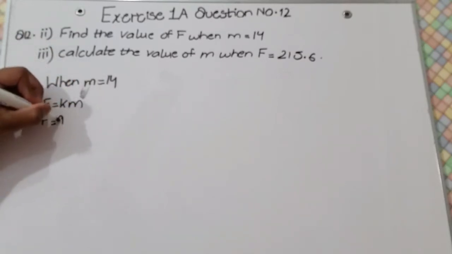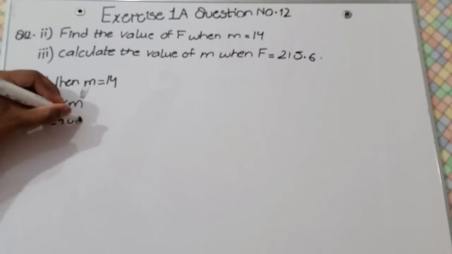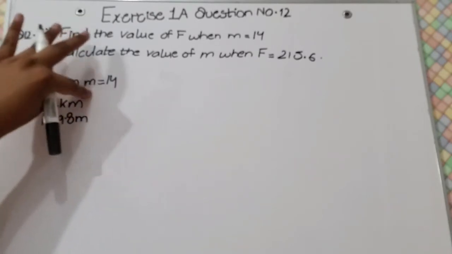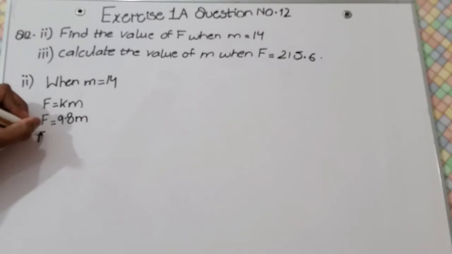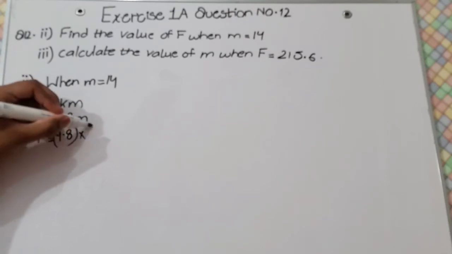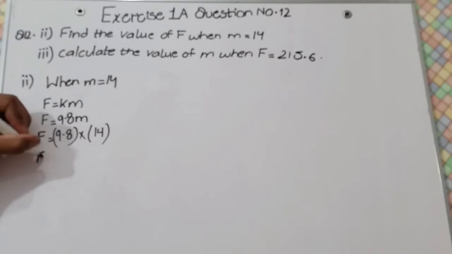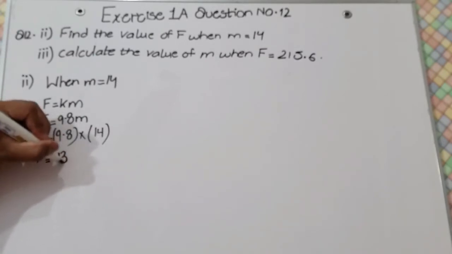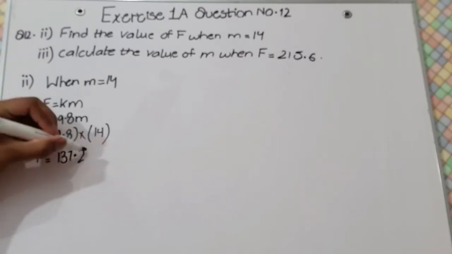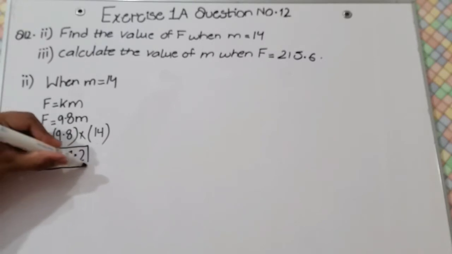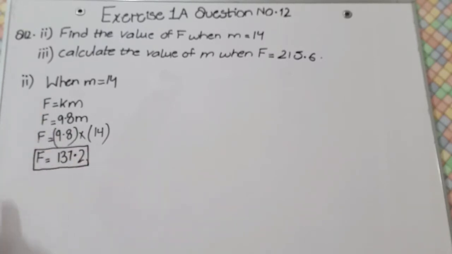K is 9.8, and we need to find F. So 9.8 multiplied by m, and m is 14. Simply multiply these two values and you will get the answer 137.2. This is the value of F. This is the answer for part 2.